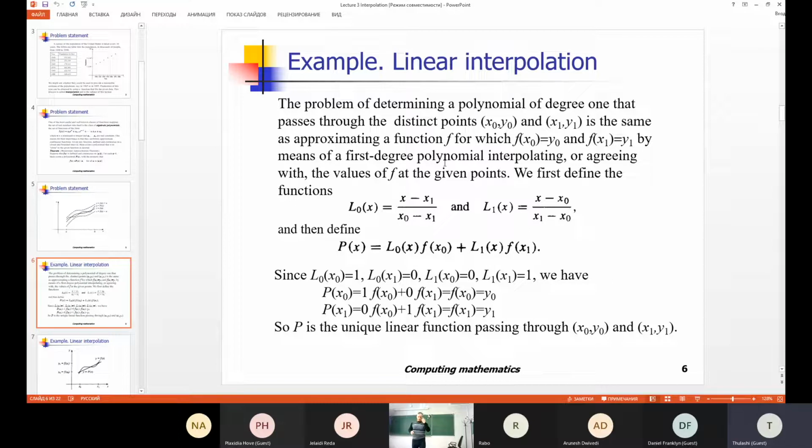Also, the degree of this x is 1. That's why the final polynomial will be a polynomial of degree 1.